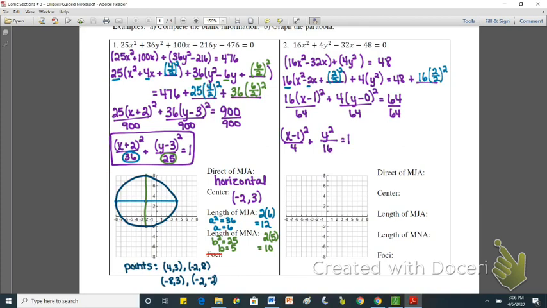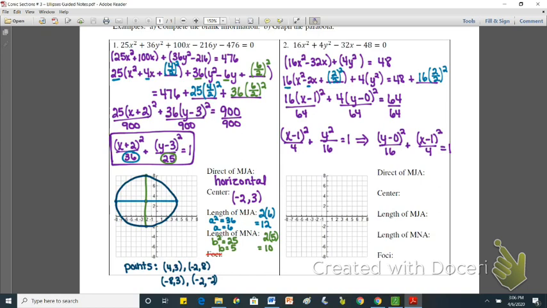Now I ask myself, is that in the correct form? Is my bigger denominator first? It's not, so we need to flip-flop them. So this is going to become either y squared, or if you like the placeholder, y minus 0 squared over 16 plus x minus 1 squared over 4 equals 1.